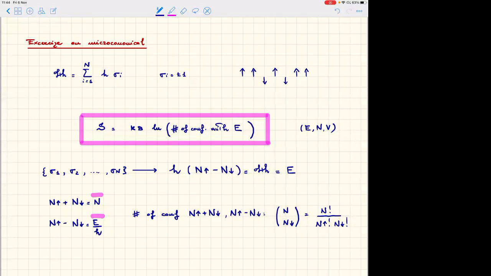Therefore, if this is the number of configurations, it is evident that the entropy is equal to k Boltzmann times log of n factorial divided by n down factorial and n up factorial.